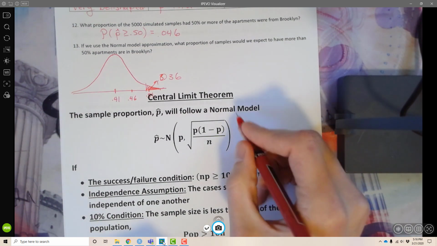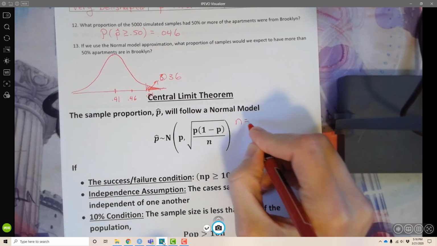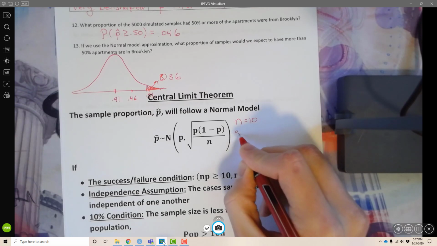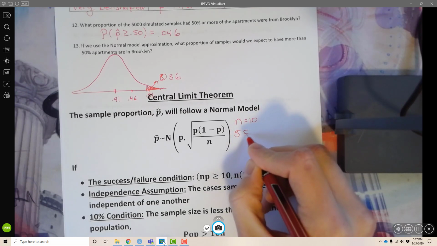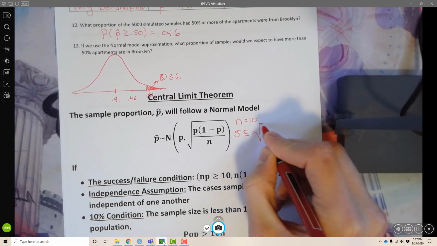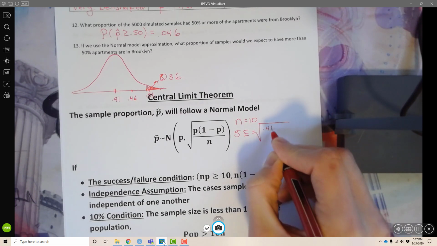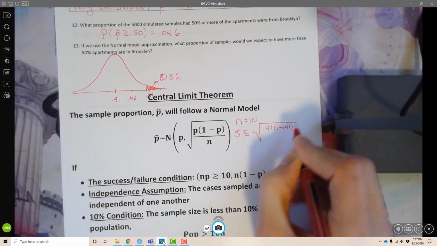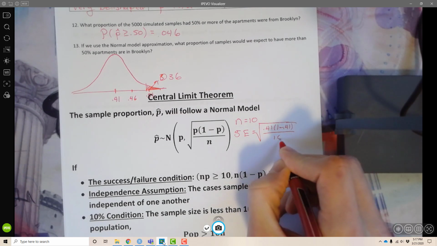So for instance, when our sample size was 10, the standard error would be equal to the square root of 0.41 times 1 minus 0.41, over our sample size of 10.